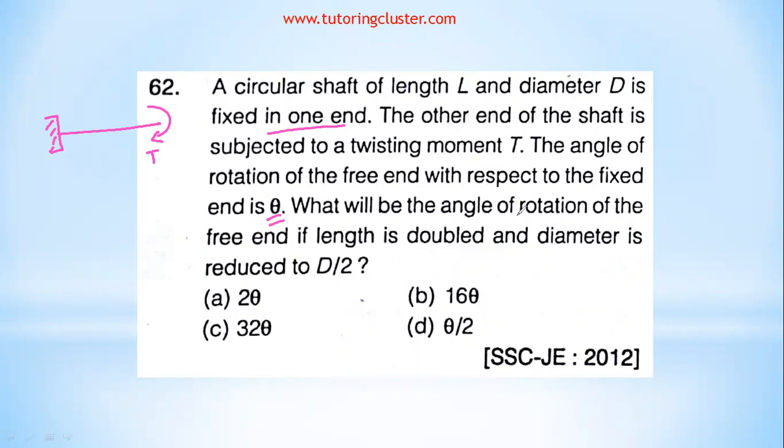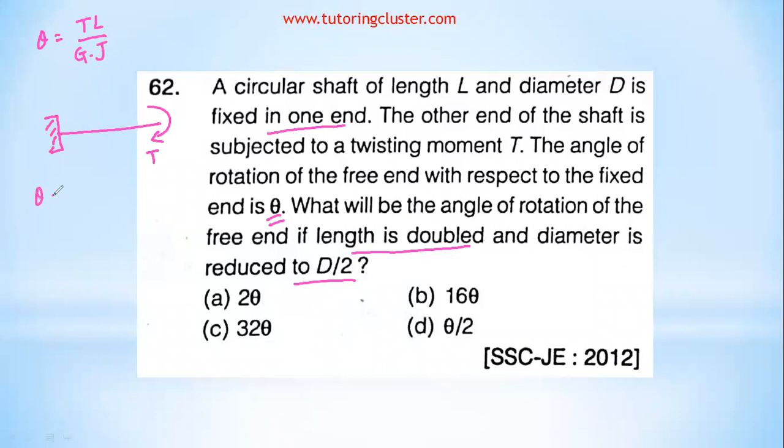Okay, what will be angle of rotation of free end if length is double and diameter is reduced to d by 2? Okay, so we know the equation theta. Theta is equal to TL upon G into J.